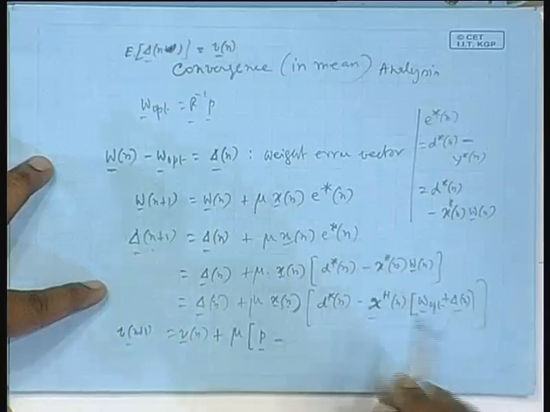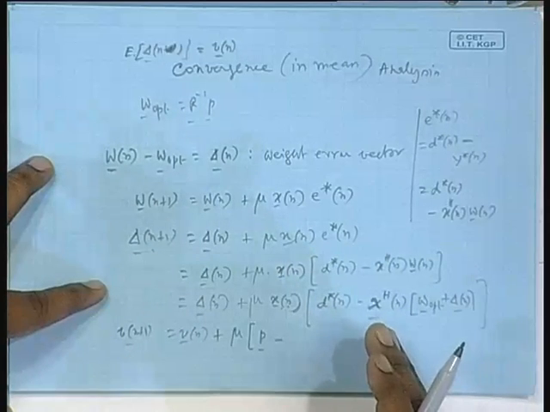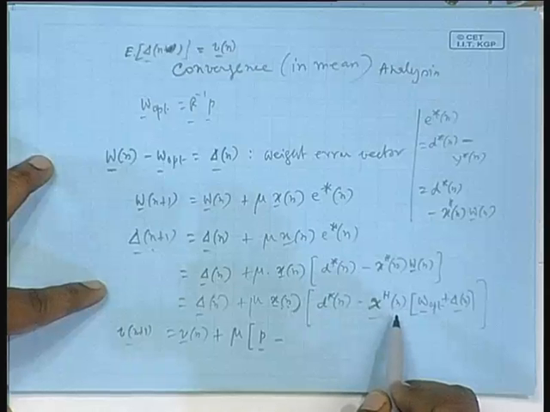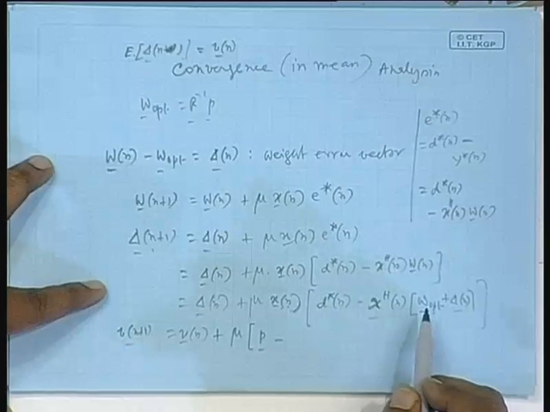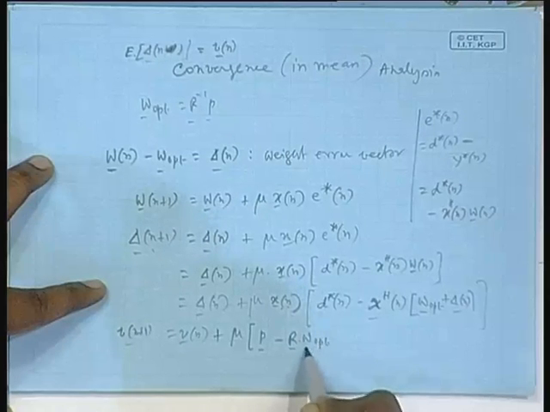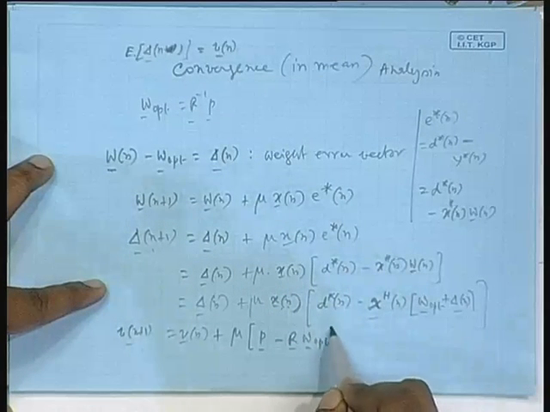W opt is constant, so it remains outside the expectation operator. So, only x n x Hermitian n, that is R, isn't it? That is R. So, we have got R W opt and another term, that term is very important.